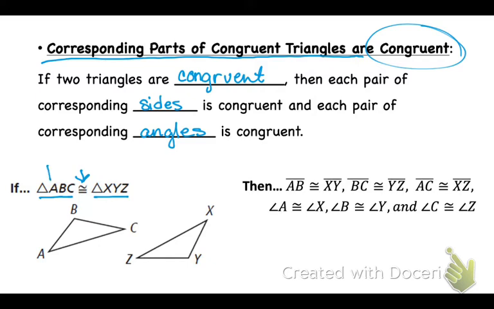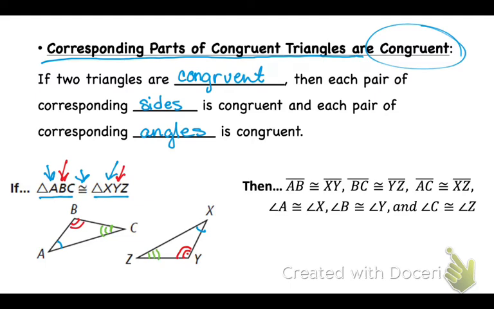So angle A is congruent to angle X. Angle B is congruent to angle Y. And C and Z. The name told me everything, right?